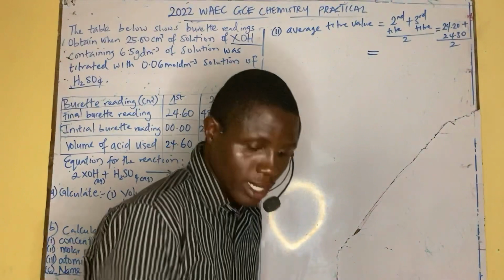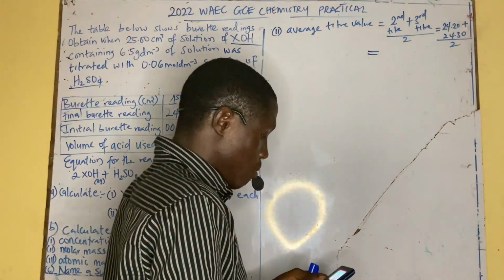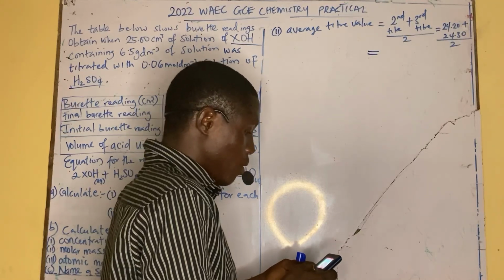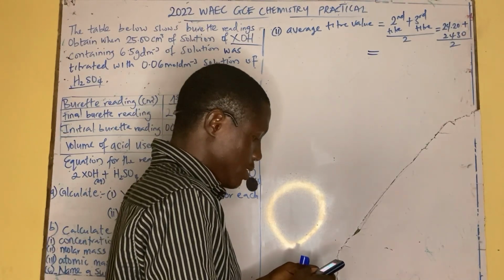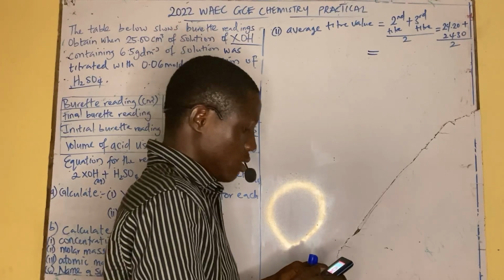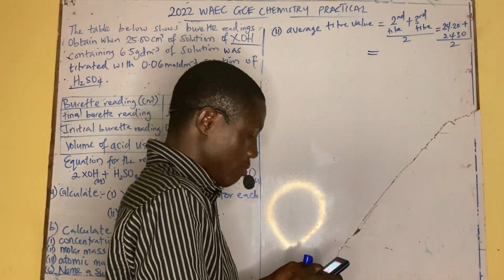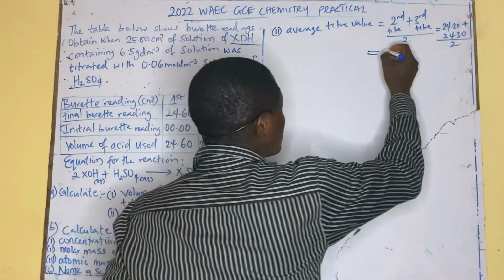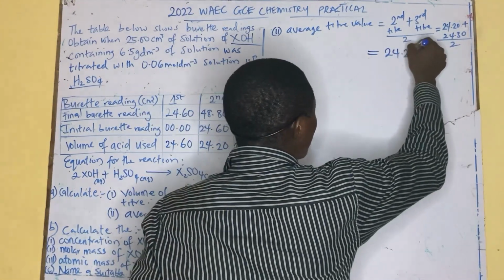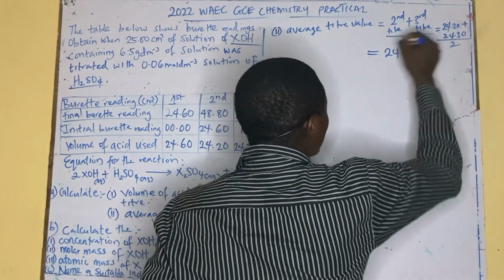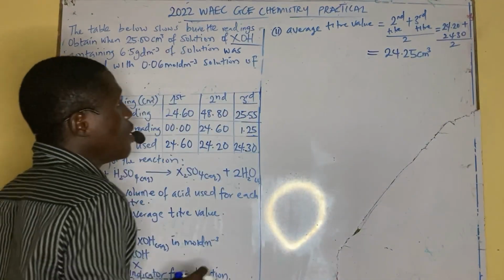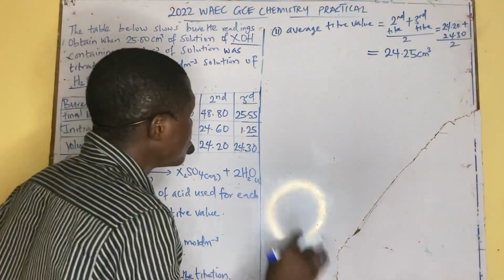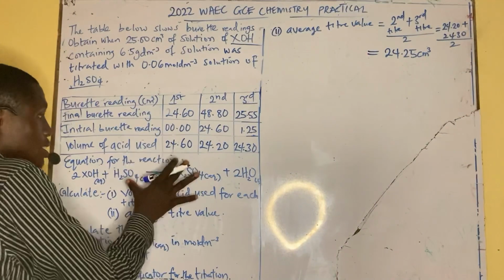When we add it together, we have 24.20 plus 24.30, divided by 2, we have 24.25 cm³. Don't forget the unit is cm³. So that's the average titer value, or the average volume of acid used for this experiment.